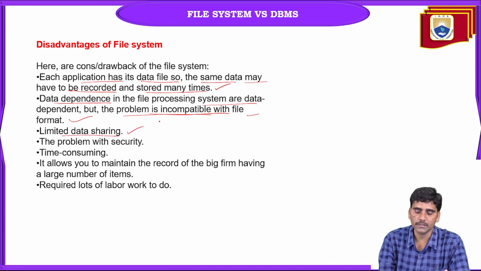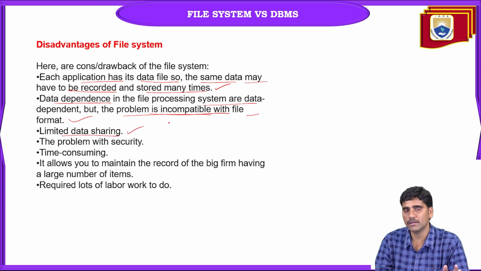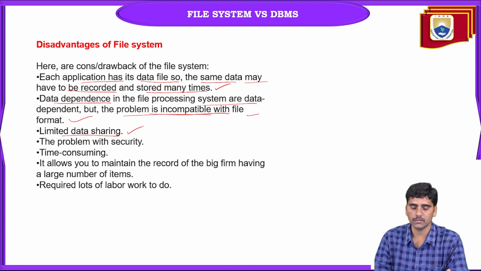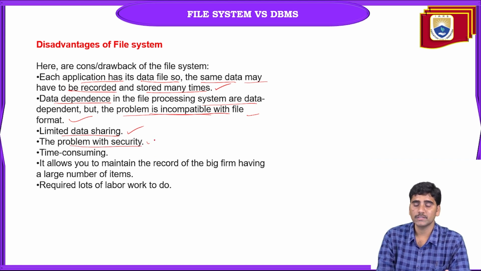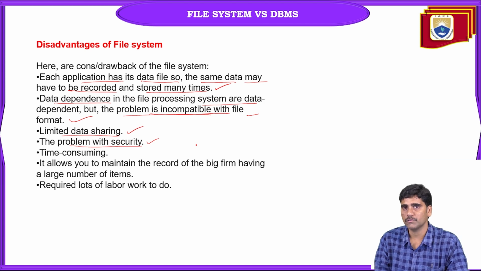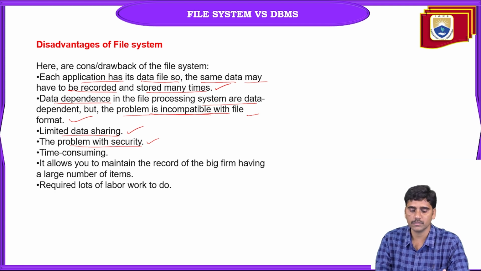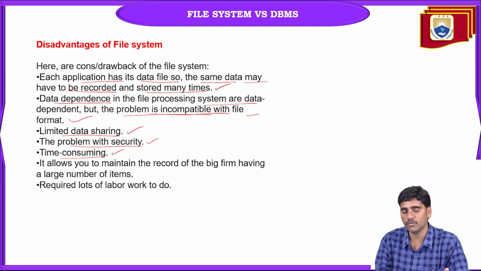And limited data sharing. To share the data also, it has limited connectivity or limited size. The problem with security: files have less security than the database. And time consuming. Creating Excel sheets or Word sheets and doing all this manual work takes time.